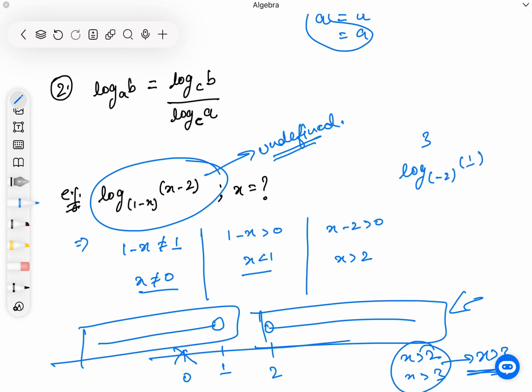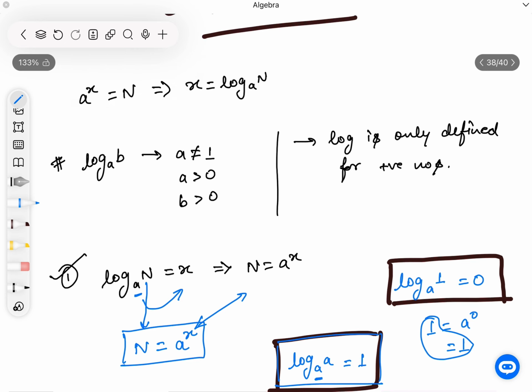If I, let's say, take x equals to minus 3, then this would be log of minus 3 with base minus 2 minus 5, and this would be 4. So either the base is going to be negative, or my number is going to be negative. So none of them can be negative for a log, because log is only defined for positive numbers.